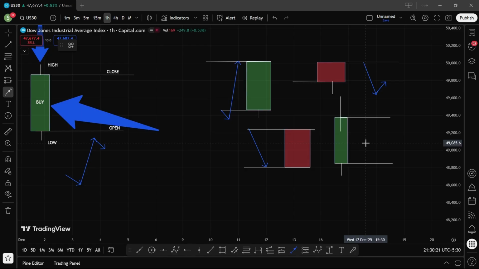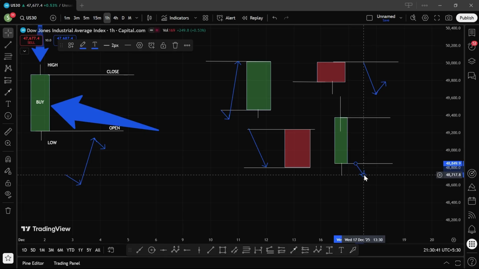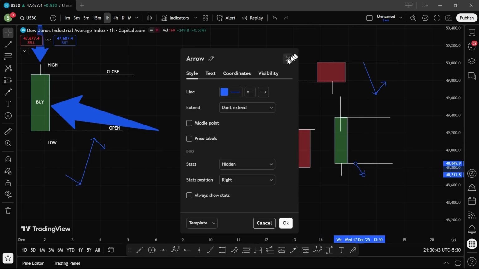So, I've marked out the lines on the body of this candle. You should start with the open price, where the price opened. I hope that's clear by now that the price opened on the downside. As it's a green candle, it went down, made a low.